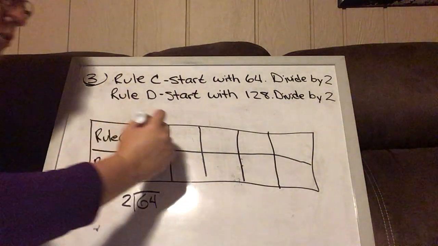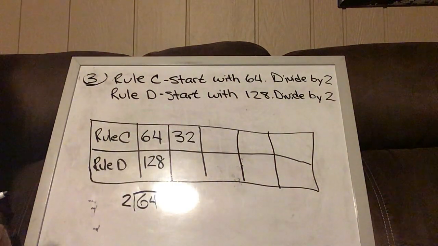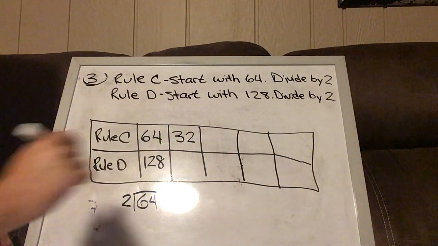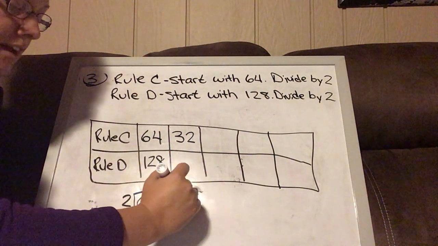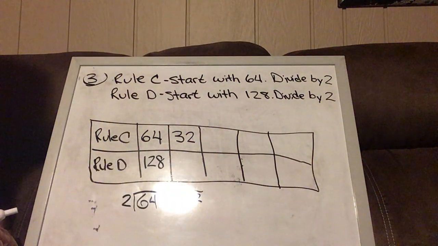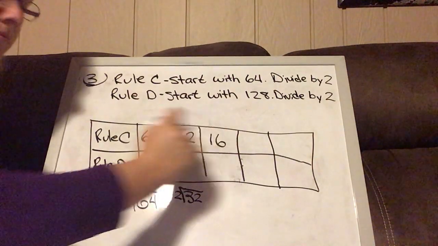When you do that, you get 32. Then you continue on, 32 divided by 2. Again, you might need to jot that down. And when you work that out, you would get 16.